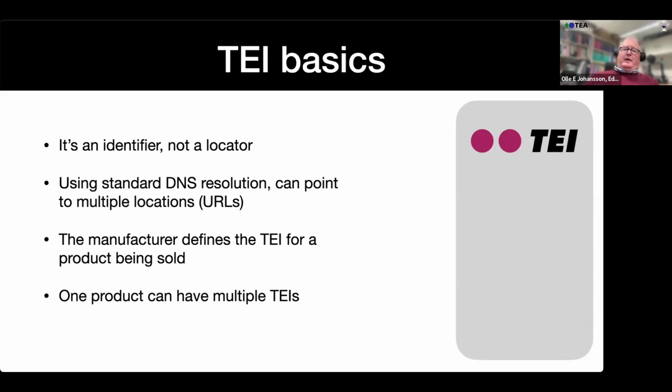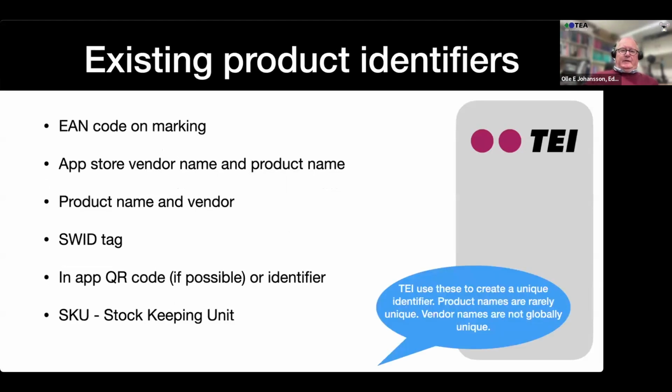And we have to remember that one single product can have multiple identifiers: barcodes, UIDs, article numbers on purchase orders, and other things. So we try to create versions of this TEI identifier that supports EAN barcodes, SWID tags, package URLs, and other things that already exist. And we're very open for dialogue and help with making this happen.